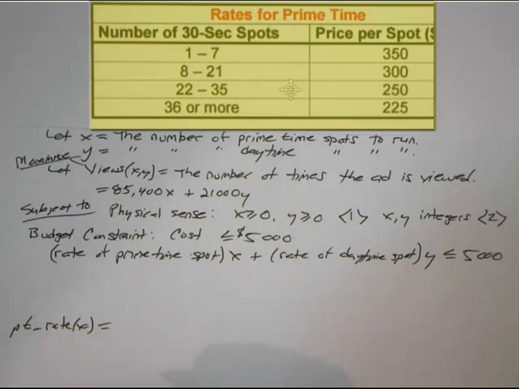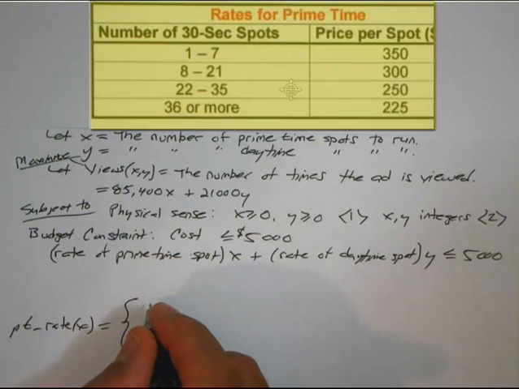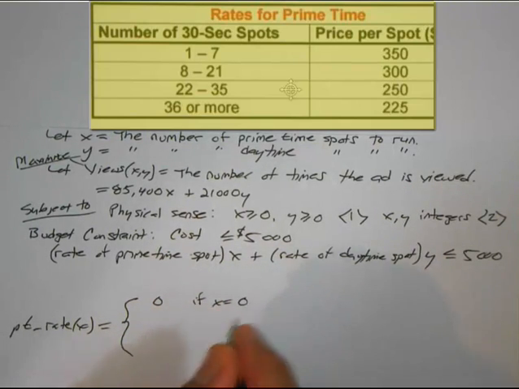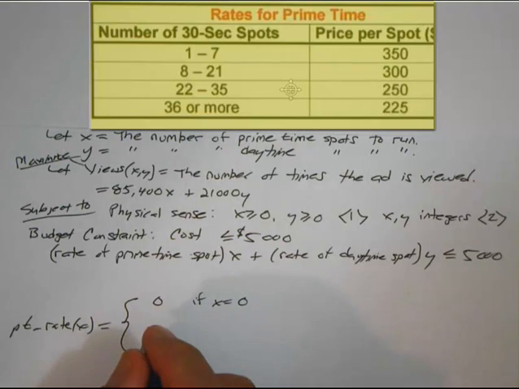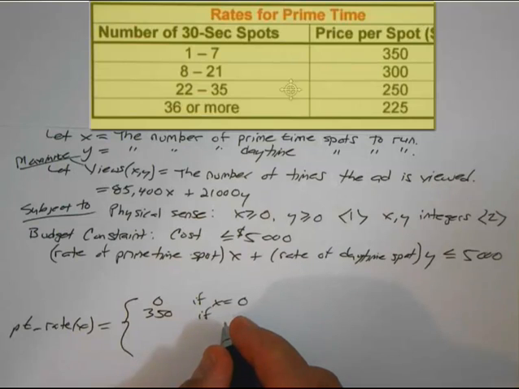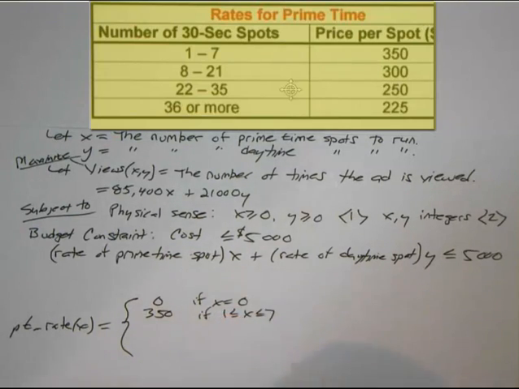We're going to need to go with a piecewise defined function here. We need to give this a value for when x is 0, because that is something we want to be considering in this formulation. That's not on the rate table, but you have 0 charge if x equals 0. Then, reading along this primetime chart, we're looking at $350 if x is between or equal to 1 and 7.